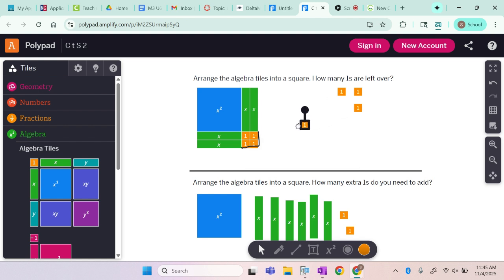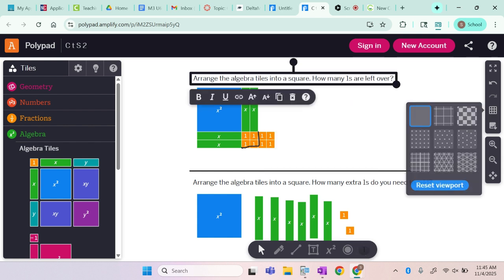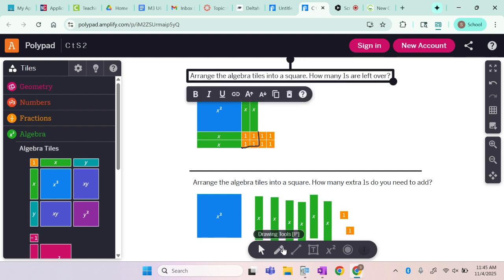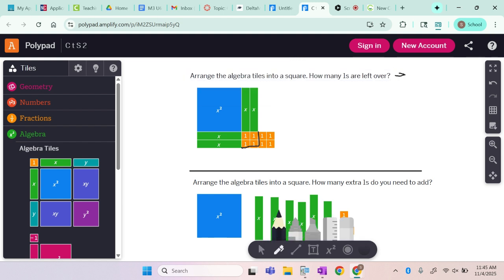But then I still have 4 left over, so I'm just going to add those off to the side. How many ones do we have left over? The answer is 4. In reality, to complete the square, we only need these 4 ones, and these 4 on the outside don't line up with anything, they're just on their own.